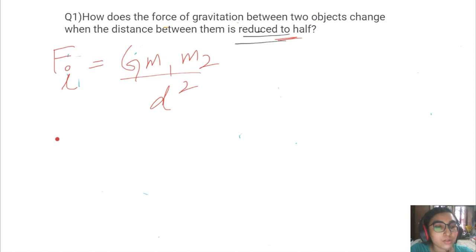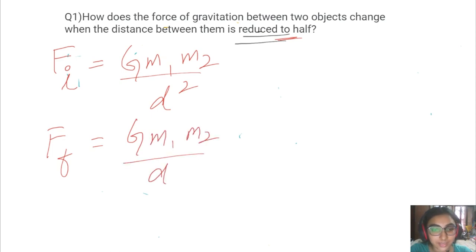So we can write the final force as G m1 m2 by (d by 2) whole square. Now to find the relation between any two quantities, or the change that has occurred, we divide the final by the initial.